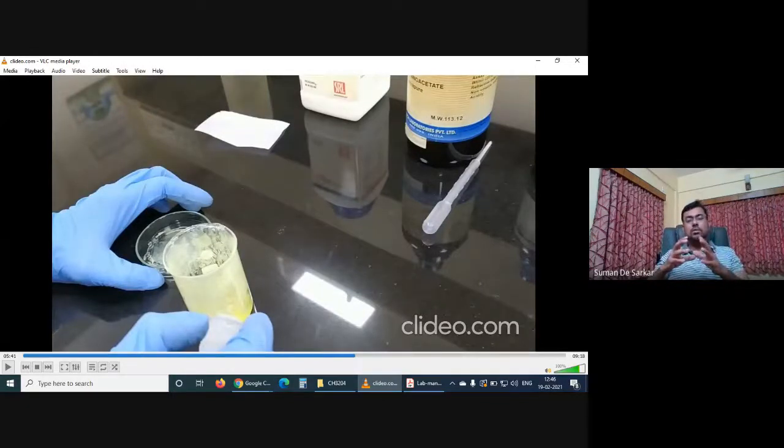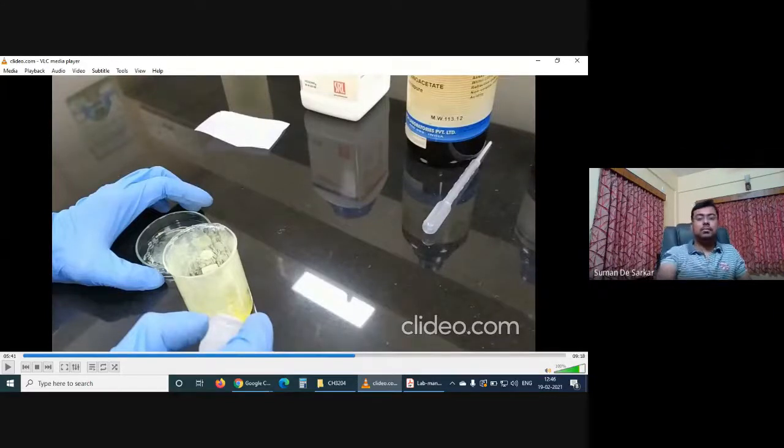After taking it out, keep it on the bench and wait at least some time so that the temperature goes down. Then only you add the ice. Otherwise, if you add it immediately to the hot thing, the glass may break. So these are the small things we have to keep in mind.